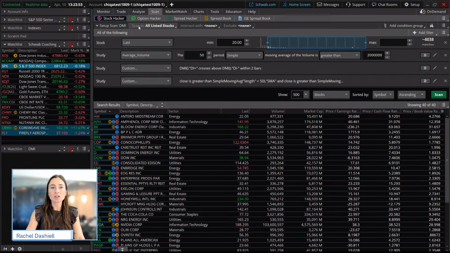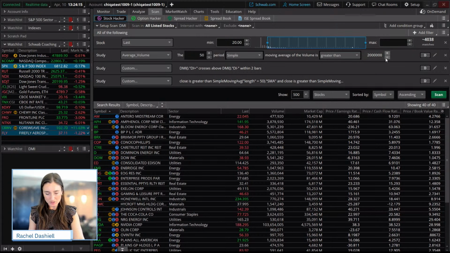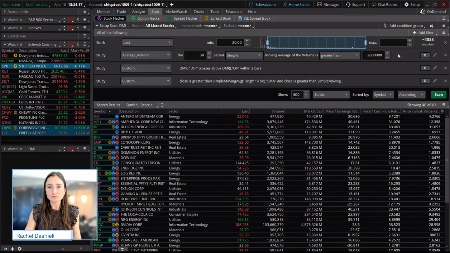So we're going to look in all listed stocks here. We're putting on some basic filters for price greater than 20, and an average daily volume greater than 2 million. We want to filter out illiquid stocks. We're also looking for a little bit higher level of liquidity because we're hoping that the options will be more liquid as well.